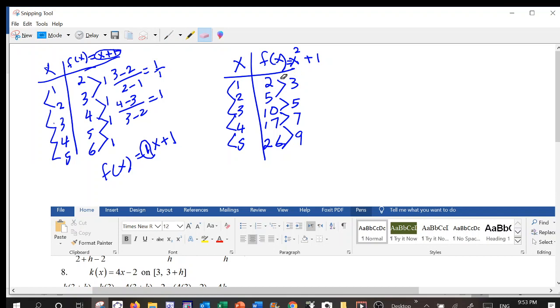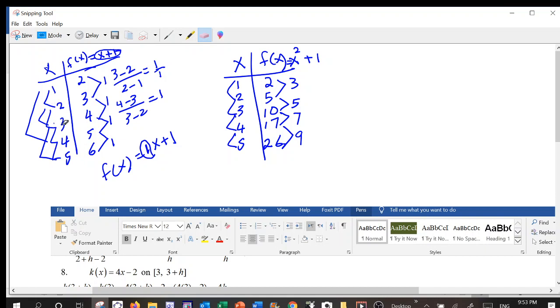In fact, that's what calculus is all about. Calculus is about finding rates of change of functions that are not linear, right? Because it changes. So if somebody asks you, what's the rate of change from 1 to 4, or from 2 to 3, or from 3 to 5, you can always say it is 1 unit per unit.